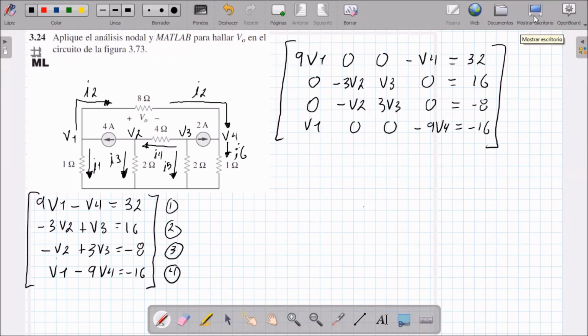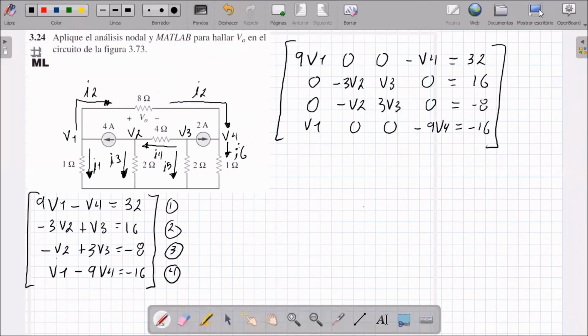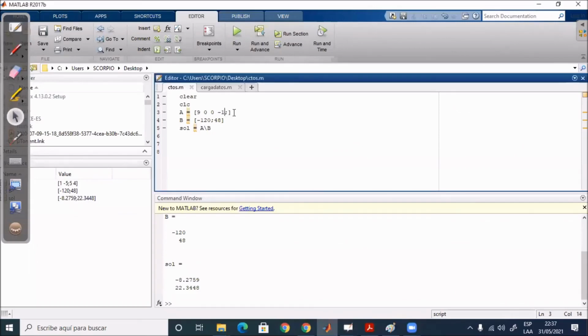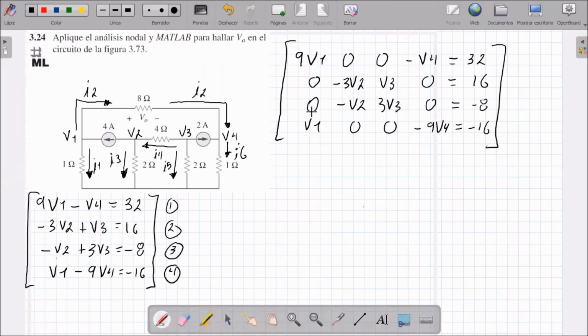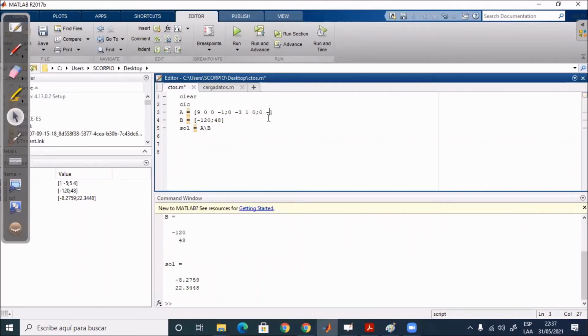Later, I am going to put it in MATLAB. For the first one it would be 9, 0, 0, minus 1, then a semicolon to move to the next row: 0, minus 3, 1 and 0. The next one is 0, minus 1, 3 and 0.